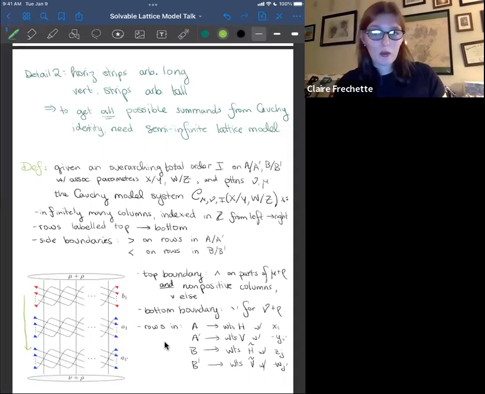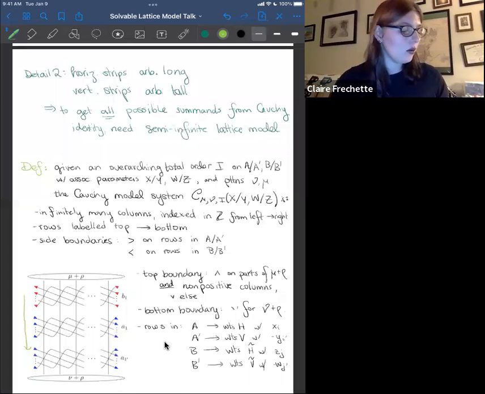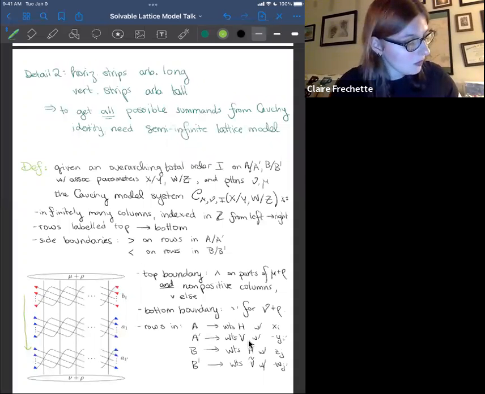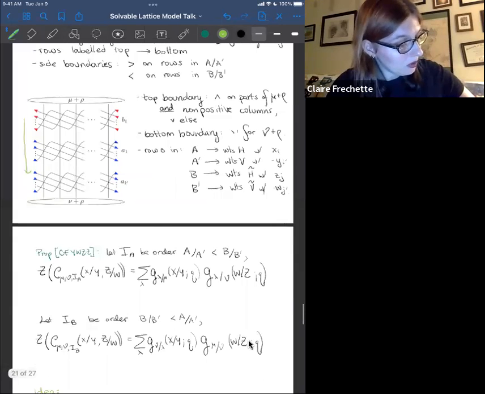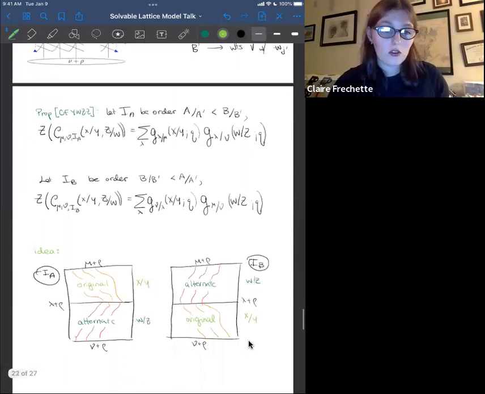And then I pick all of my weights to correspond to the alphabet that the row came from. So if I'm in my original model, I've got weights H and V, horizontal and vertical strips. And in my alternate model, I have my tilde rows. So then it's pretty straightforward just by cutting our model in the middle, in between our original and alternate model.